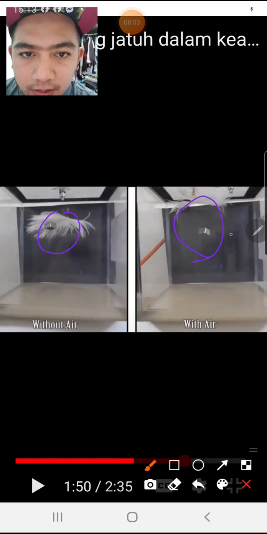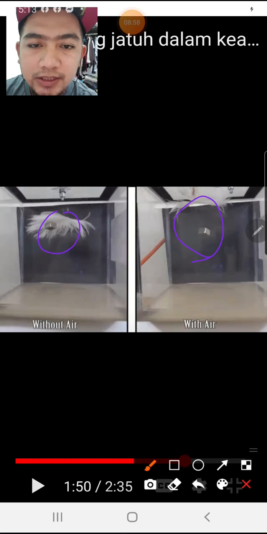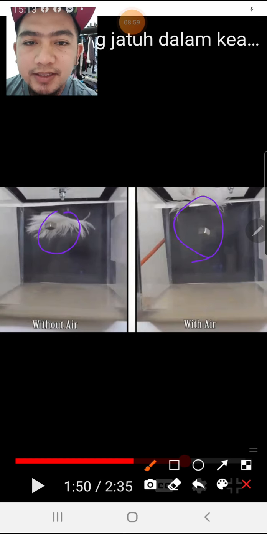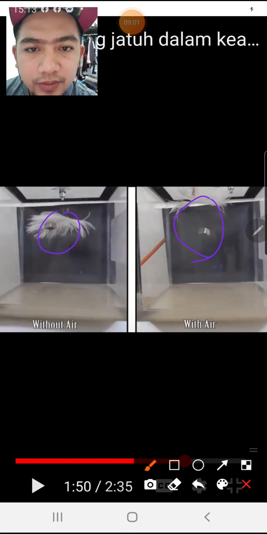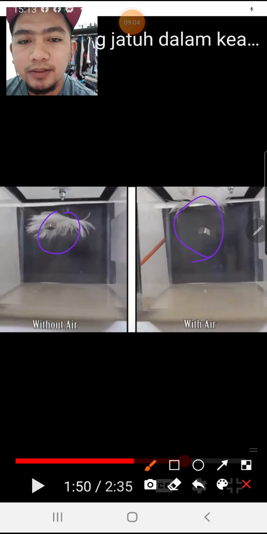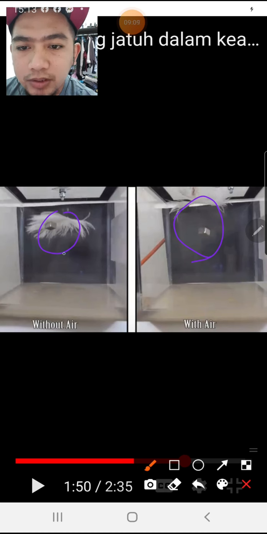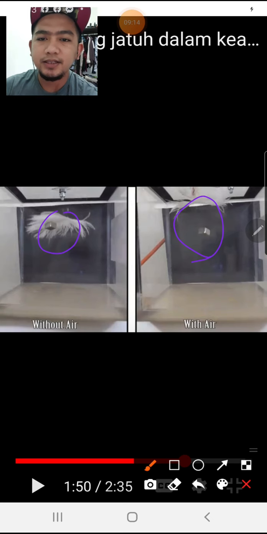So when this situation is with air, means ada itu air resistance. That's why this feather dia lambat jatuh ke tanah. Okay, but when the situation is without air, means there is only gravitational force only.